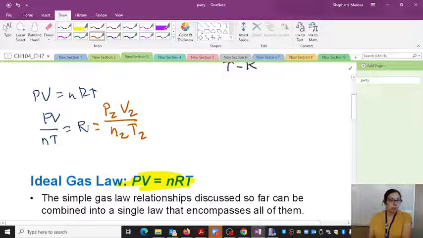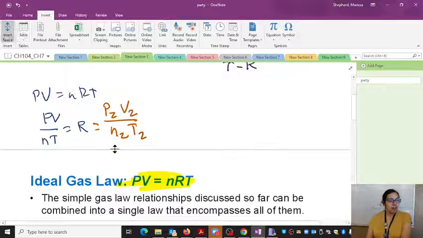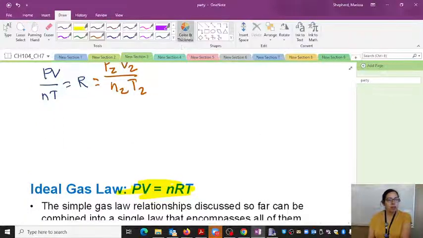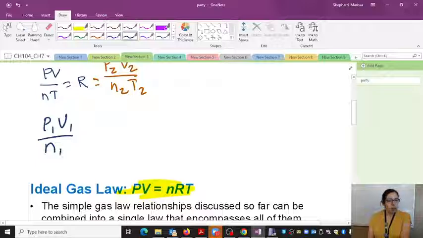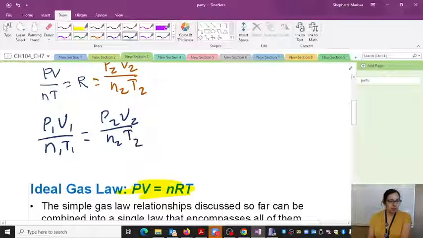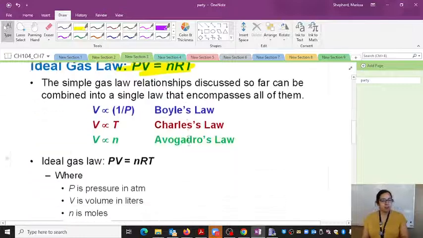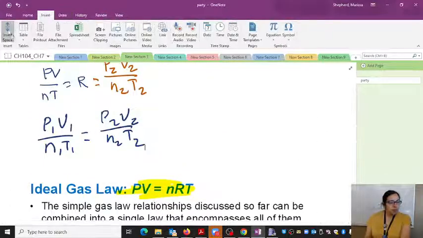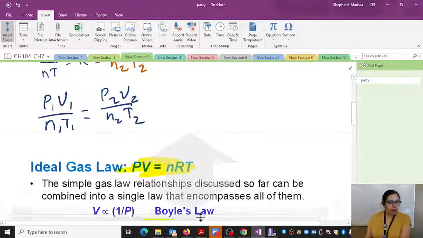So again, they're both set to R. So now this gives us what I like to call our combined ideal gas law, which would be P1 V1 over N1 T1 is equal to P2 V2 over N2 T2. And so now you can see where the other individual laws came from. Now if we kind of look back at them.